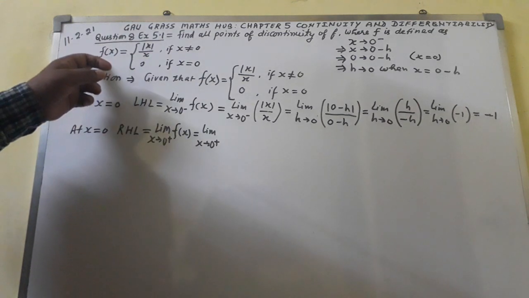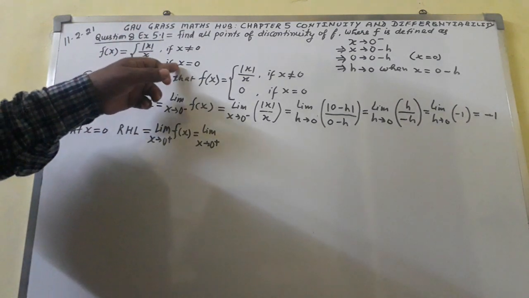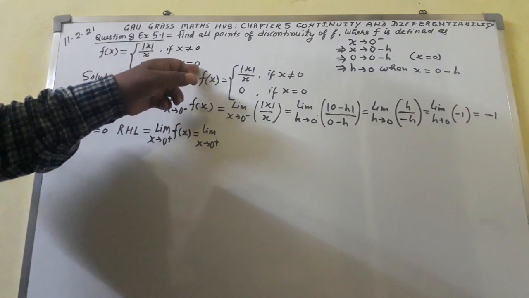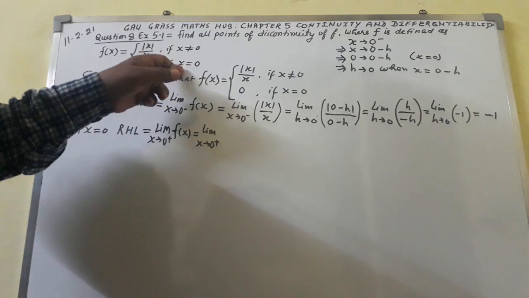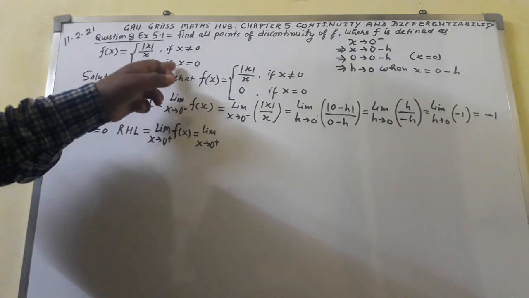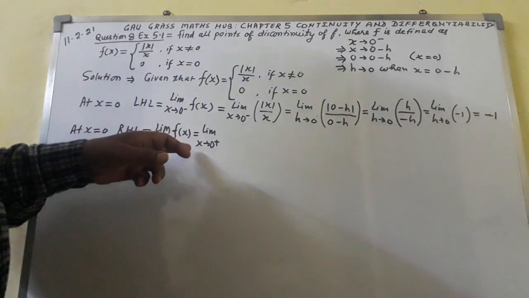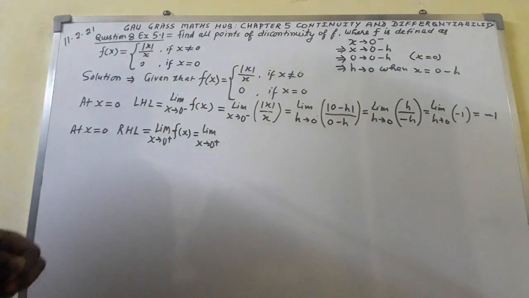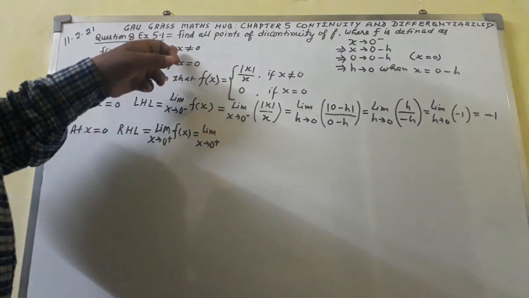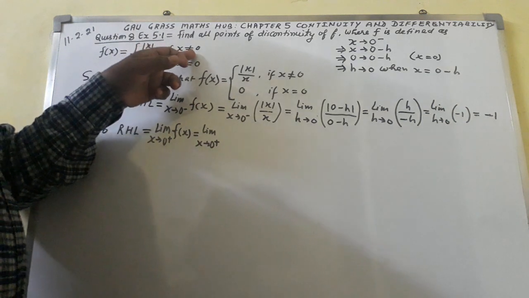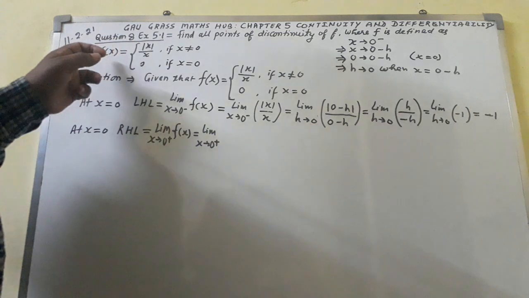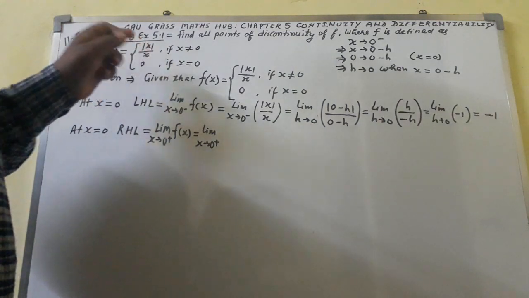In the function f of x equal to 0 if x is equal to 0, the value of x is not greater than 0 or less than 0, so this function will not be applicable here. Here x is not equal to 0, so I shall take f of x equal to mod x over x.